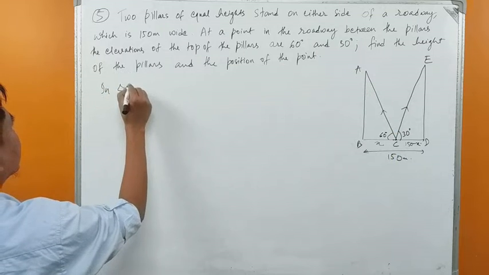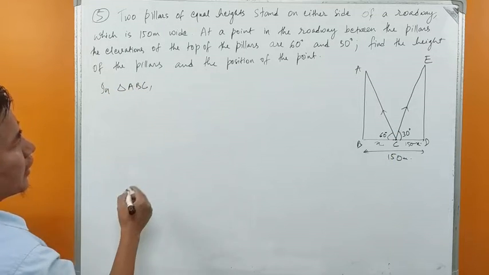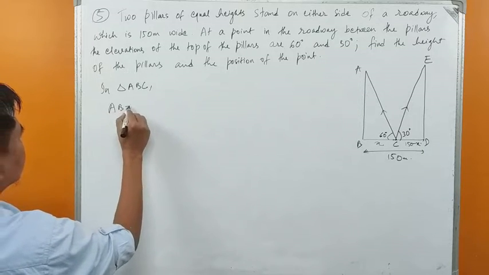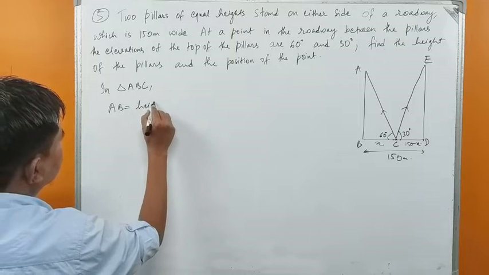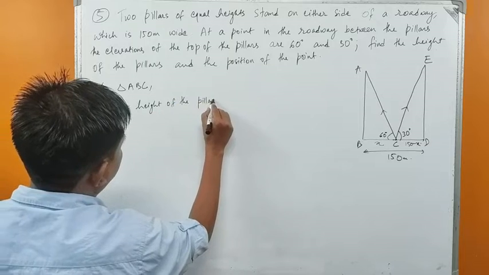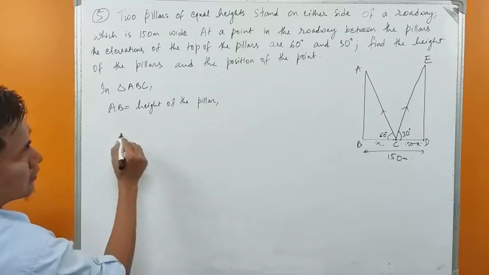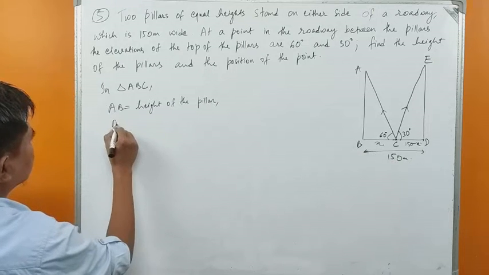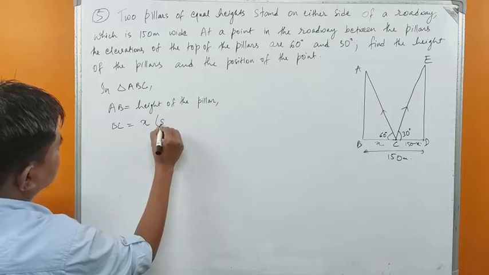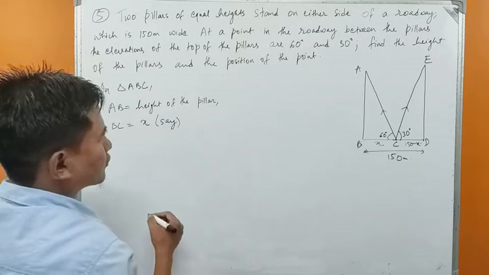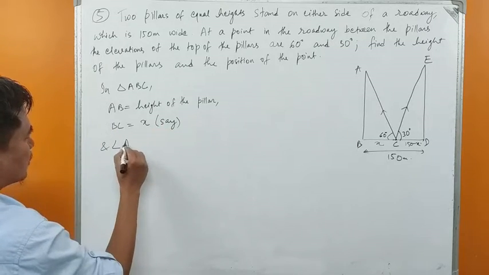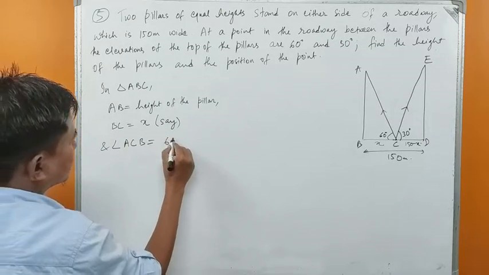In triangle ABC, AB equals the height of the pillar, and BC equals the base. We suppose BC equals x, and angle ACB is 60 degrees.